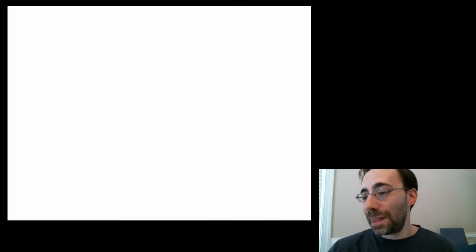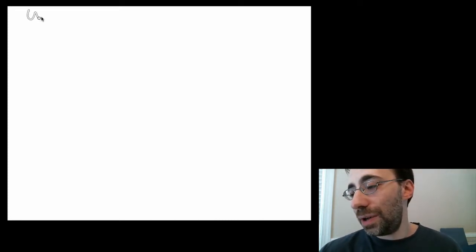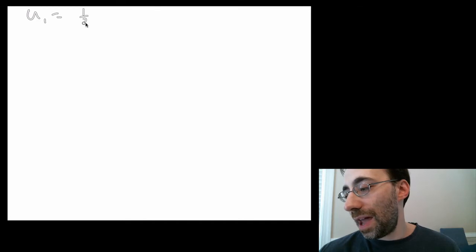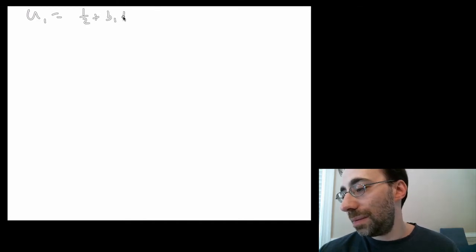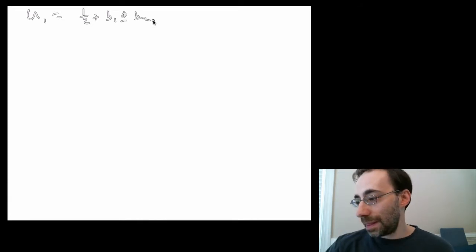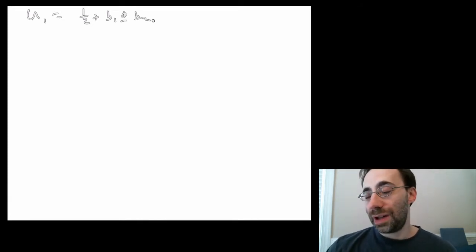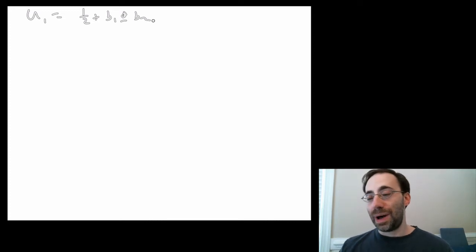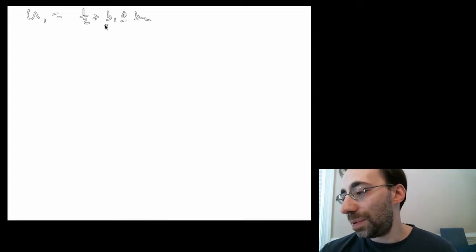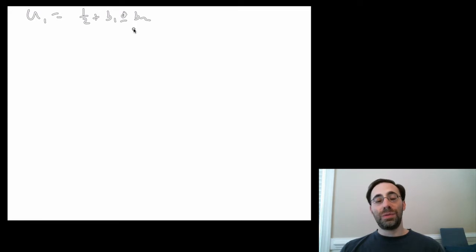Okay, so here's the utility. Player 1's utility is going to be 1/2 plus b1 minus b2. That means your chance of winning the conflict, which you called pi in the book, is 1/2 plus b1 minus b2. So if you have equal contributions, your chance of winning is 1/2.